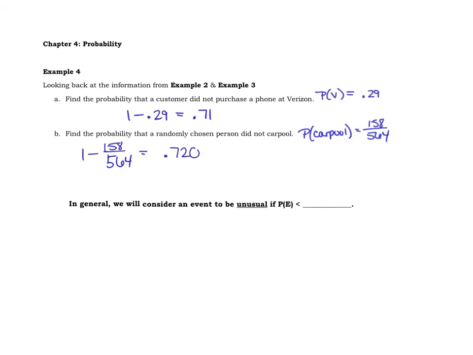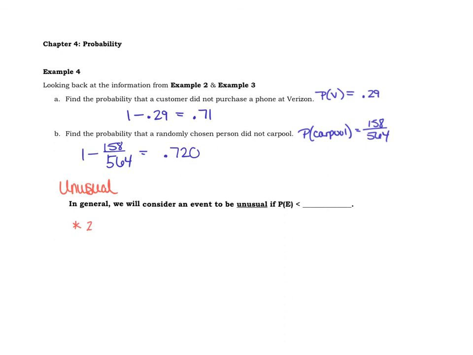One other note. We've talked about unusual events, what it means to be unusual. We had one way in terms of being unusual: more than 2 standard deviations.